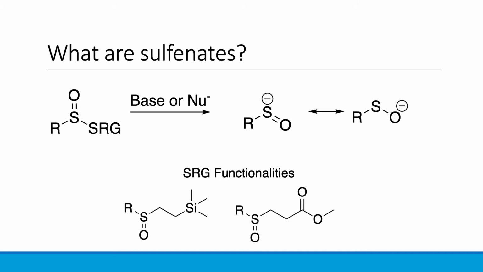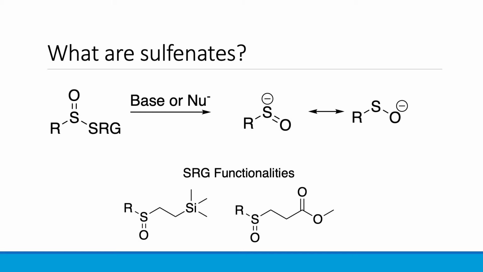Sulfenates represent an important class of sulfur compounds that are chiral molecules and can also be used to impart chirality on non-chiral substrates, which is very important in medicinal chemistry. On the top, we see that sulfenates can be generated when a sulfoxide, the compound on the left, is treated with either base or nucleophiles and contains an SRG, or a sulfenate-releasing group. This then results in the formation of the ambident nucleophile known as a sulfenate.